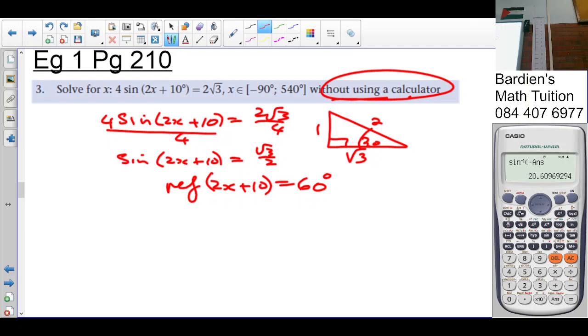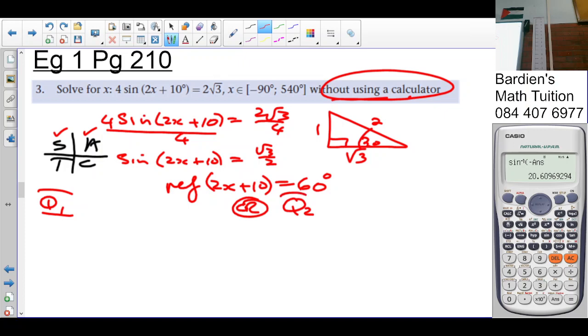Okay, which question comes to mind? In which quadrant is sine positive? Quadrants 1 and 2. So you take it to quadrant 1. No, not 90 minus.